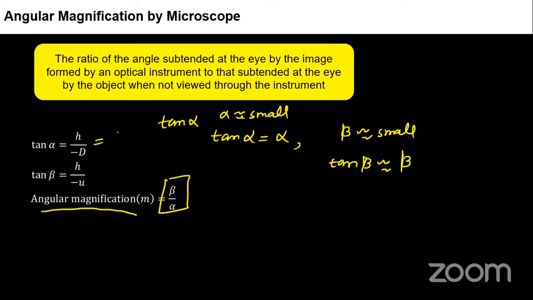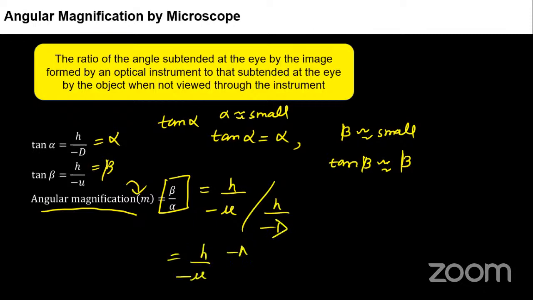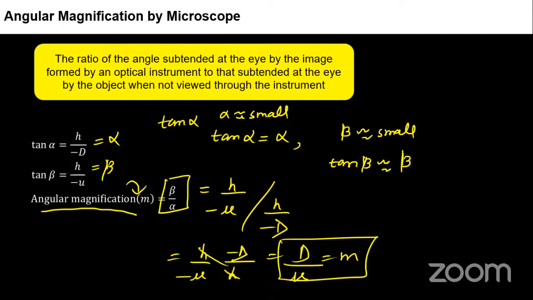So I'll approximate these things and define angular magnification, which is a formula you need to remember. It is defined as beta by alpha. That means h by minus u upon h by minus d, which equals minus d by u. This is the angular magnification. Here d is the near point, and u is the distance of the object from the lens.